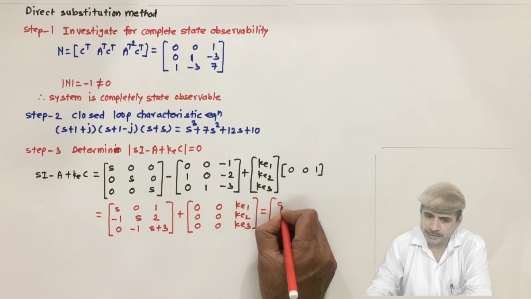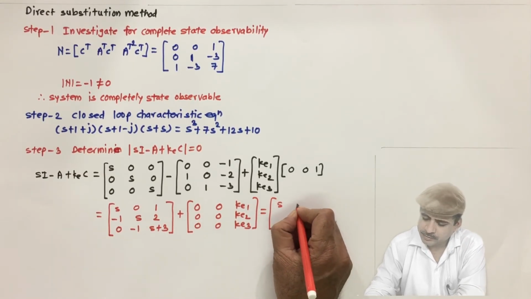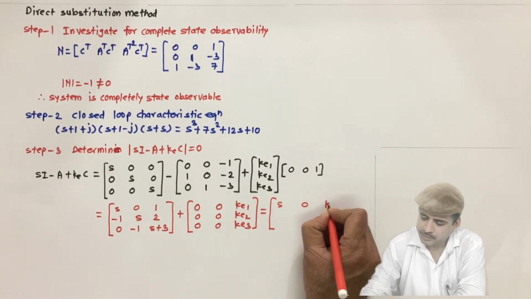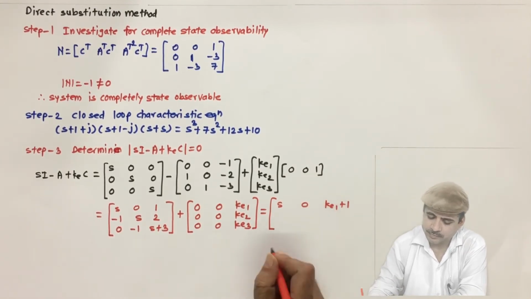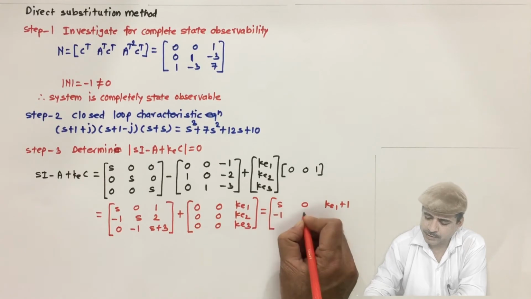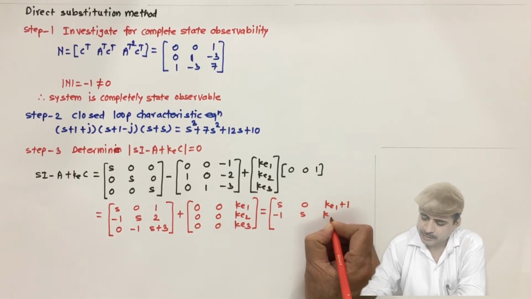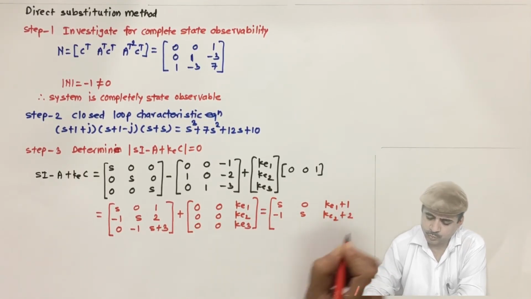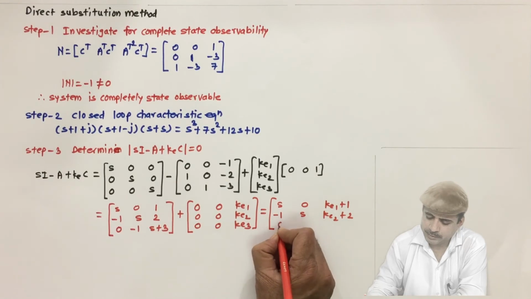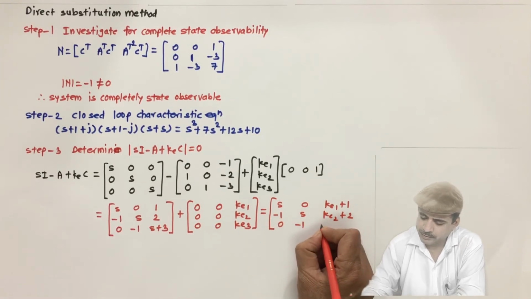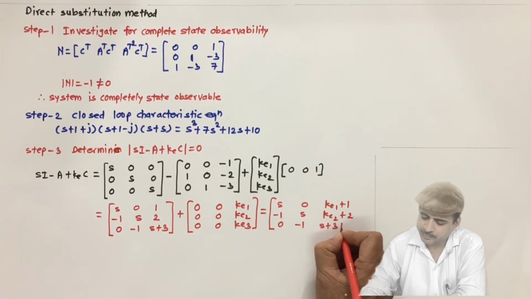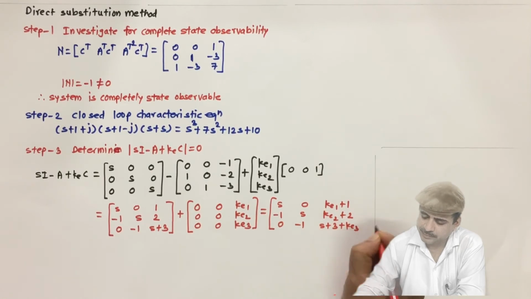Now S 0 KE1 plus 1, then minus 1 S KE2 plus 2, and then 0 minus 1 S plus 3 plus KE3.